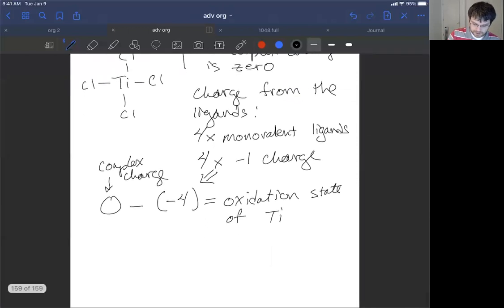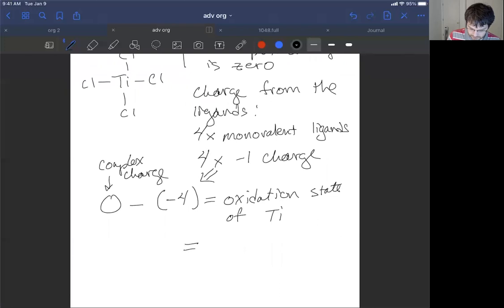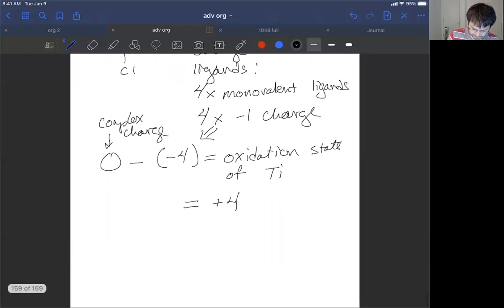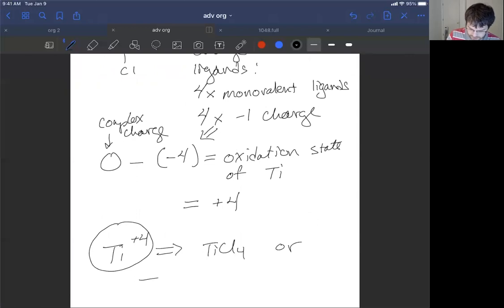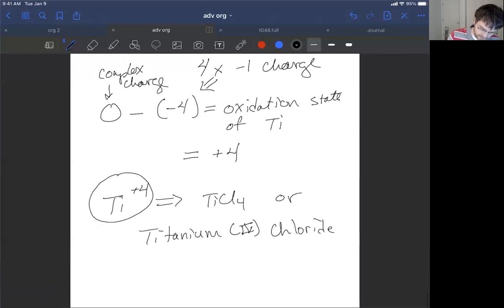In this case, 0 minus -4 is equal to +4. So we could write titanium +4 as the central atom in our titanium tetrachloride, or we could write titanium Roman numeral 4 chloride, but everybody calls it titanium tetrachloride.